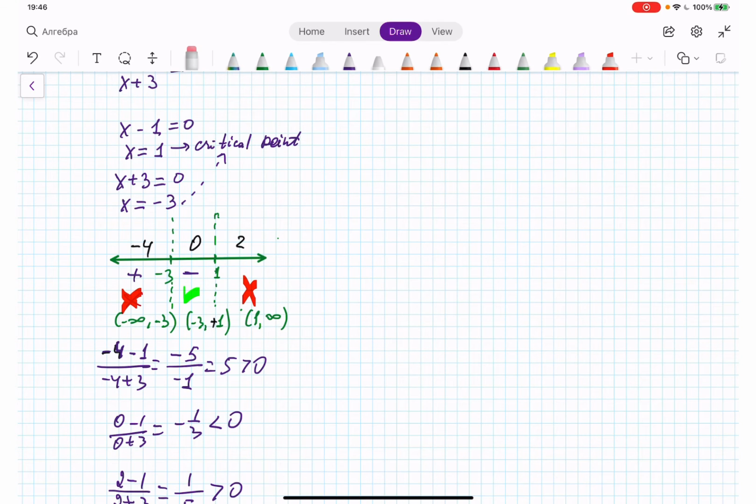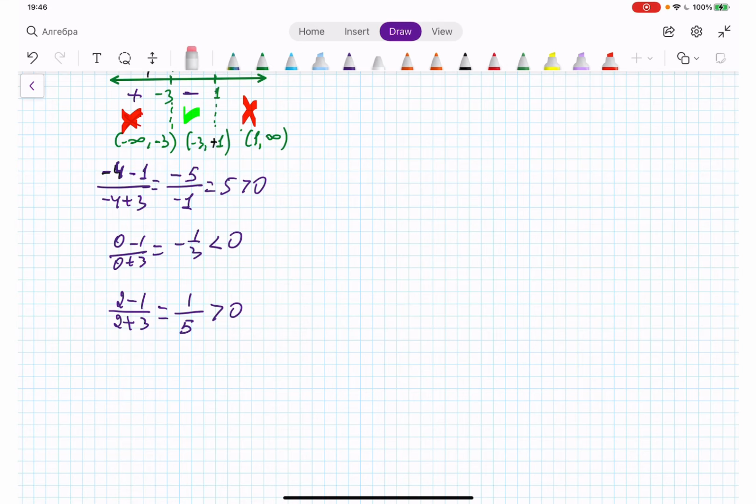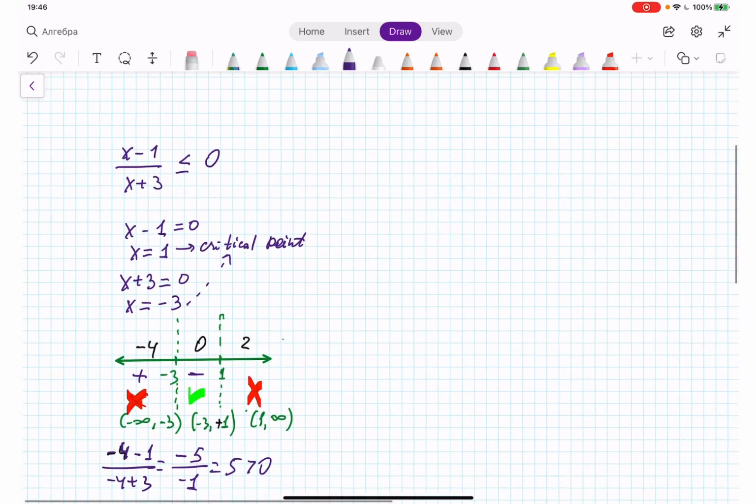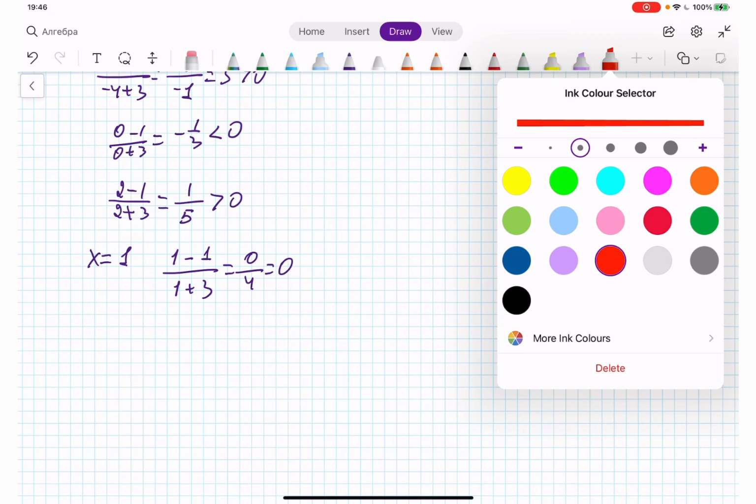Also, let's check the critical points, 1 and negative 3. So x is equal to 1: 1 minus 1 over 1 plus 3 is going to be 0 over 4, which is 0. And it satisfies the condition less than or equal, right? It equals 0, so this is going to work as an answer.